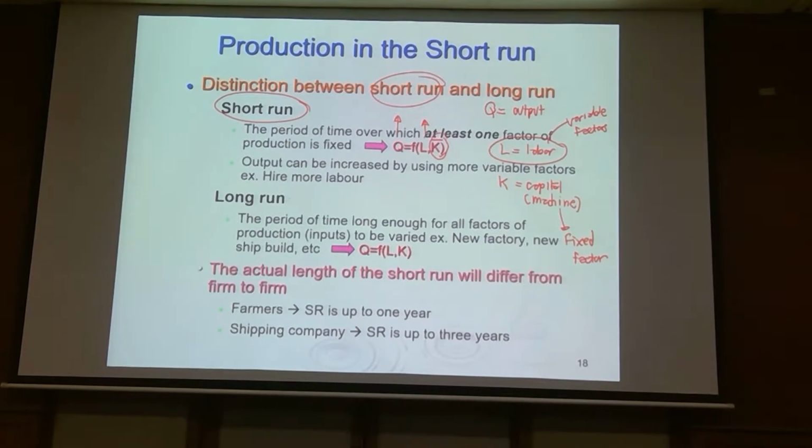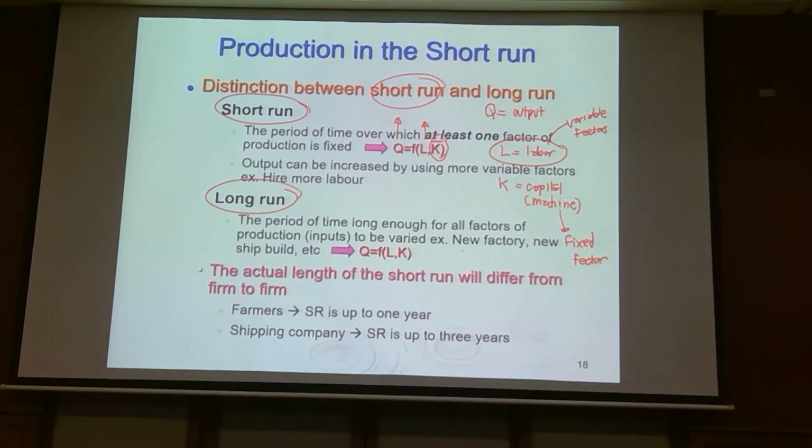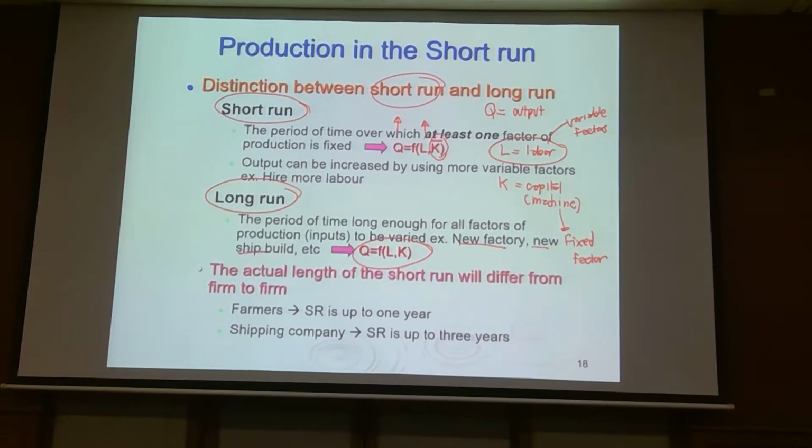Basically. The production in the long run, on the other hand, right? We can change everything because the time period is long enough. We can build a new factory, we can buy a new machine, whatsoever, so that we are able to expand our production capacity. So no factor of production is fixed in the long run because we can change everything.